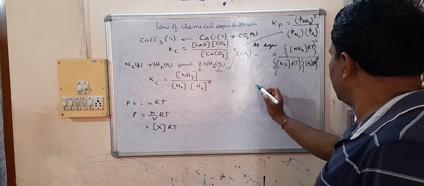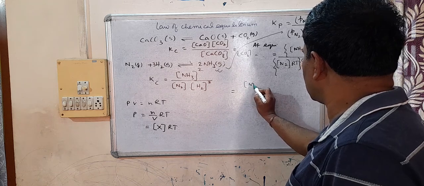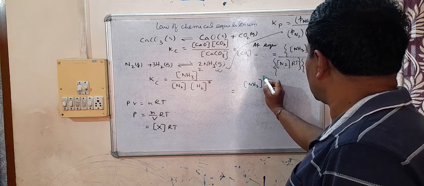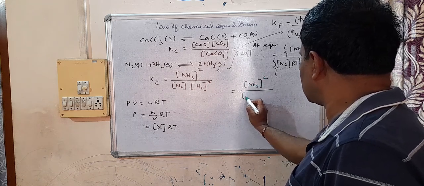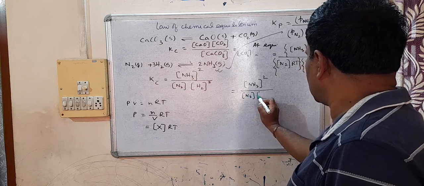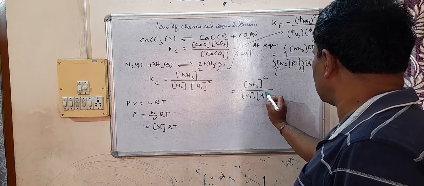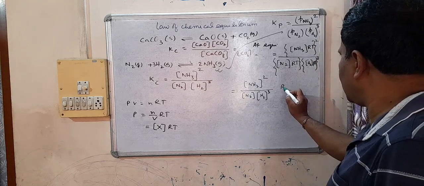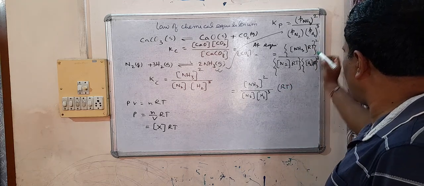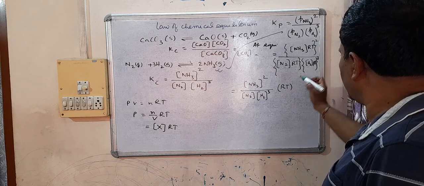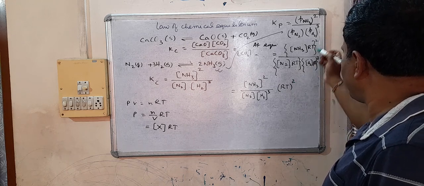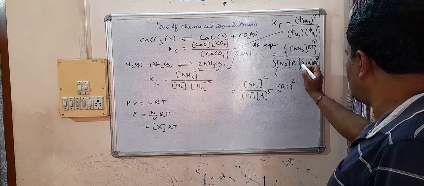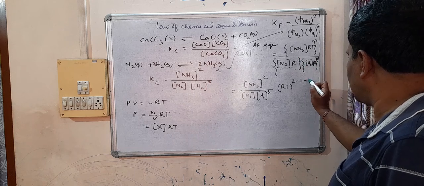So from here we get molar concentration of ammonia squared over molar concentration of nitrogen and molar concentration of hydrogen to the power 3, and RT to the power 2 minus 1 minus 3.